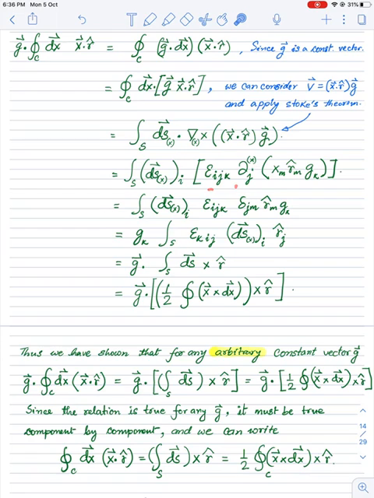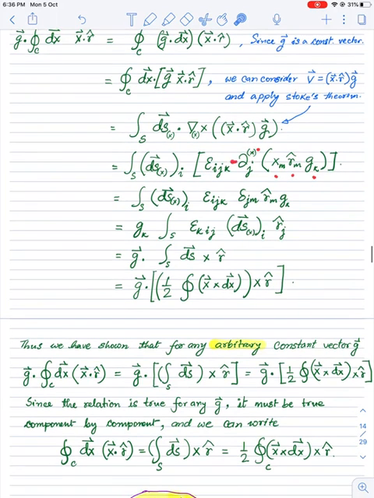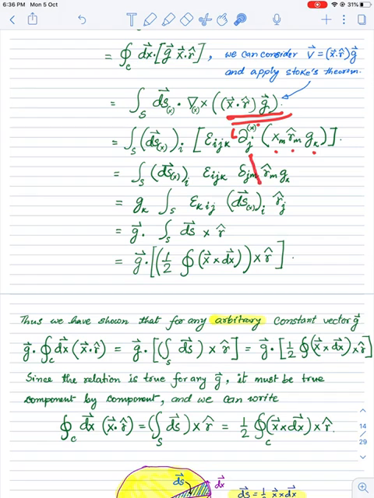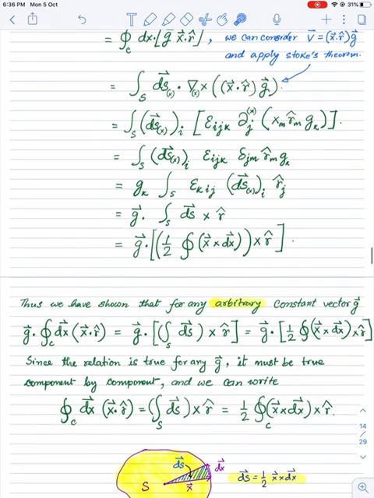Now, if we write this curl out using the epsilon ijk symbol, then this derivative is basically this del j with respect to x, x_m r hat g_k. That's just writing this out in terms of components. Then this derivative acts only on this x_m and gives us a delta jm.